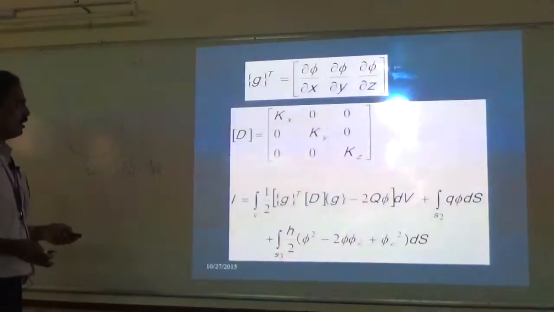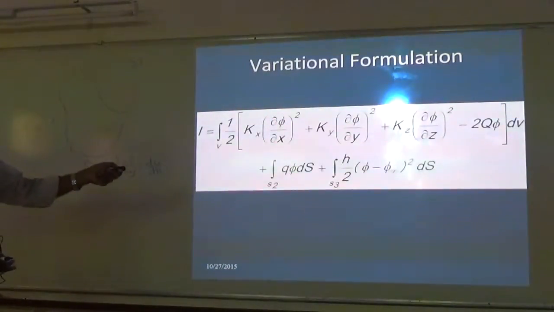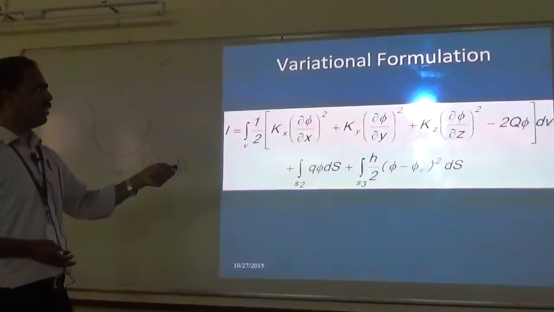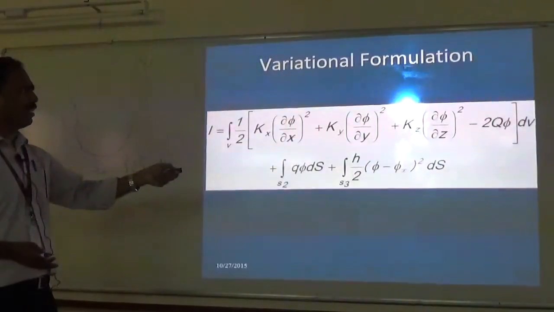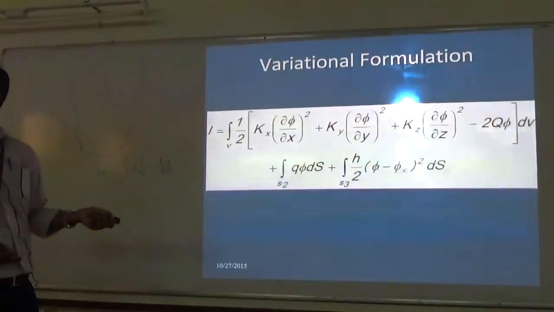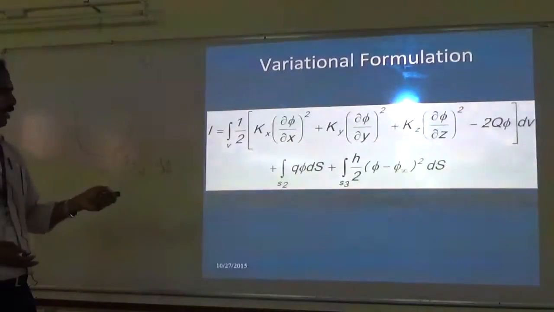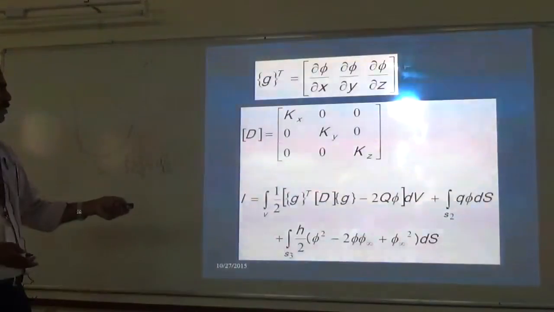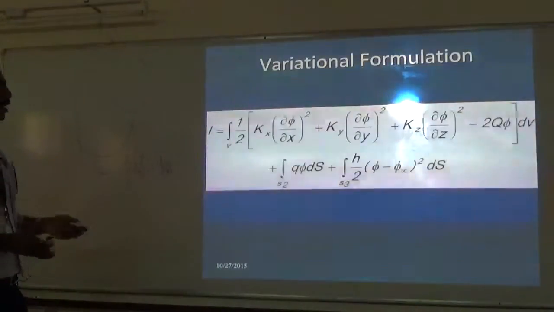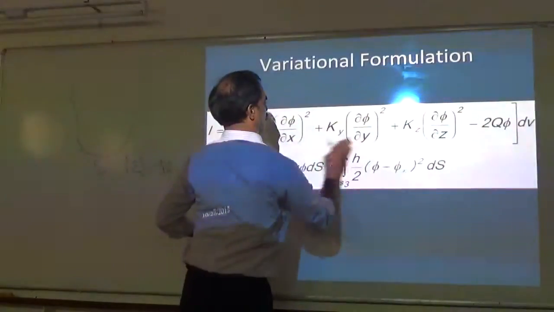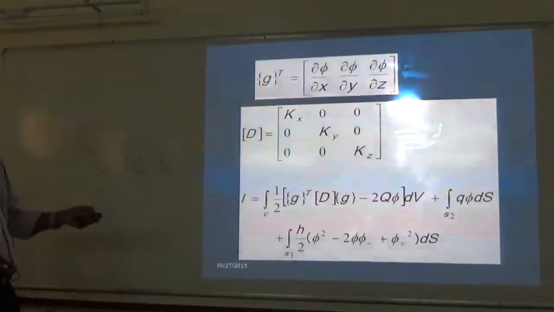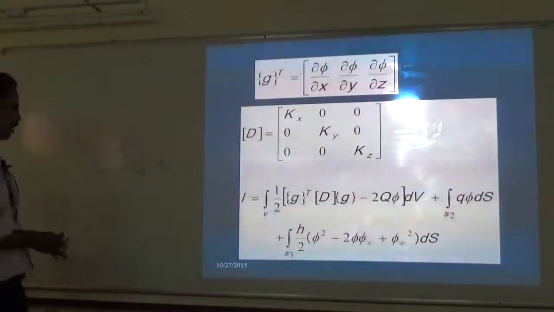Now this equation is a quadratic form, with dou phi by dou x and so on. I can rewrite this in terms of the G matrix. I know G is dou phi by dou x, dou phi by dou y, dou phi by dou z. I can write this in matrix format, so G transpose D G. This is very compactly written using this matrix notation.